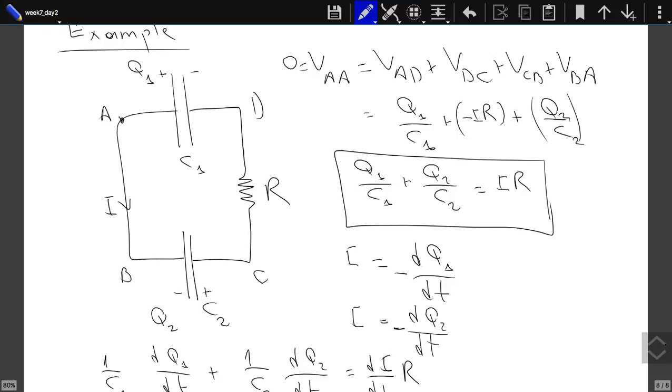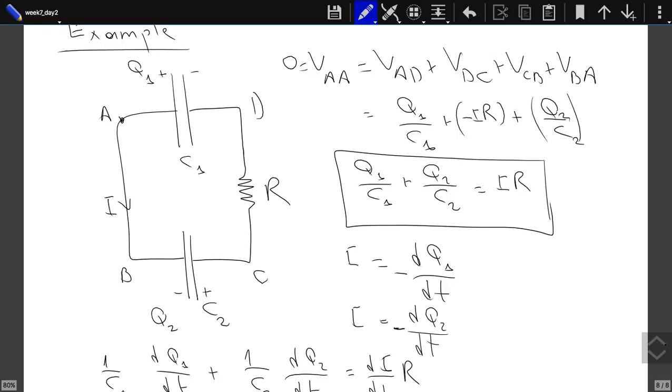So we just go around this loop in this sense. When we go from A to D, we are going from a high potential region to a low potential region. So the potential drop is Q1 over C1. And then we go from D to R, we are going in the opposite direction of the current. So if I is positive, we are going to a region in which the potential is increasing. So that's why we have this -1 over there.